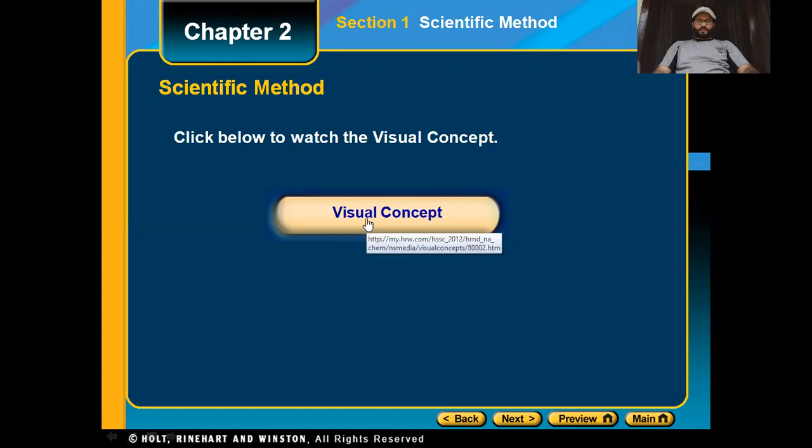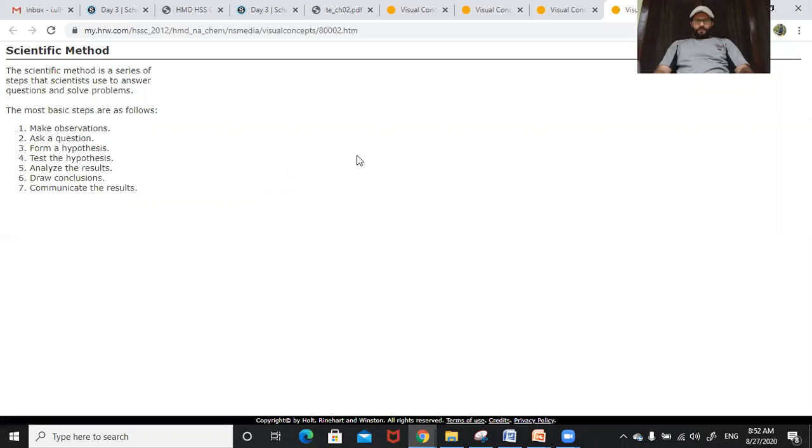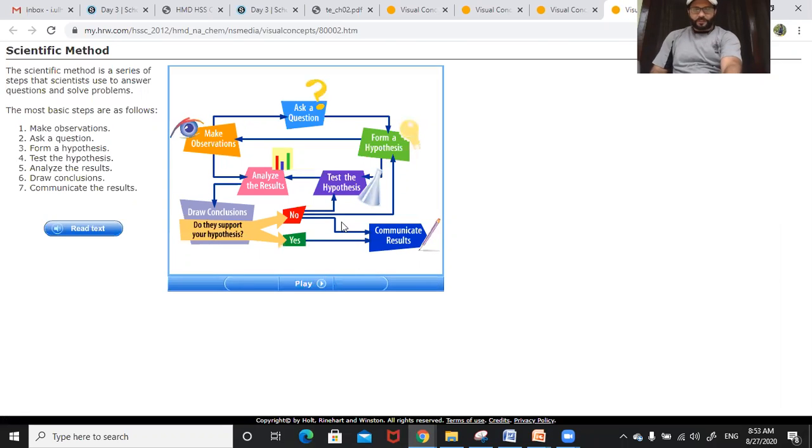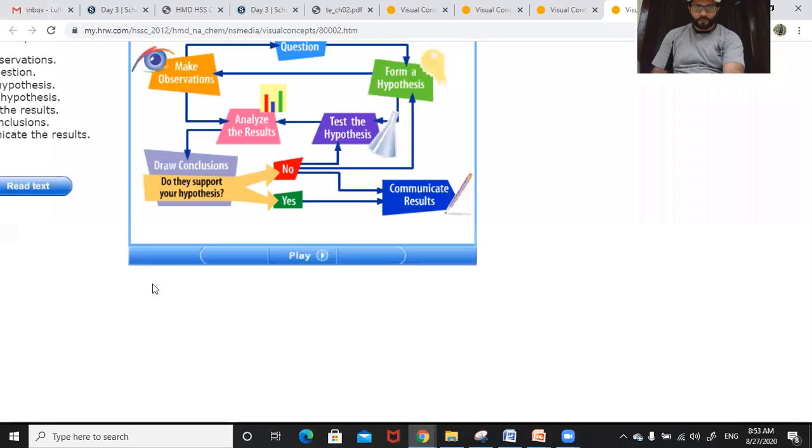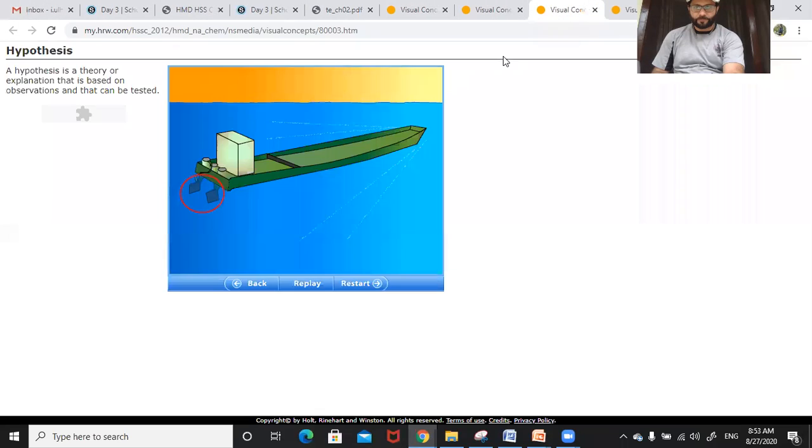Now, let me give you an example related to the scientific method. We will discuss the steps involved in the scientific method one by one. If we discuss the very first part, just focus on this one. Let me make it clear to you.